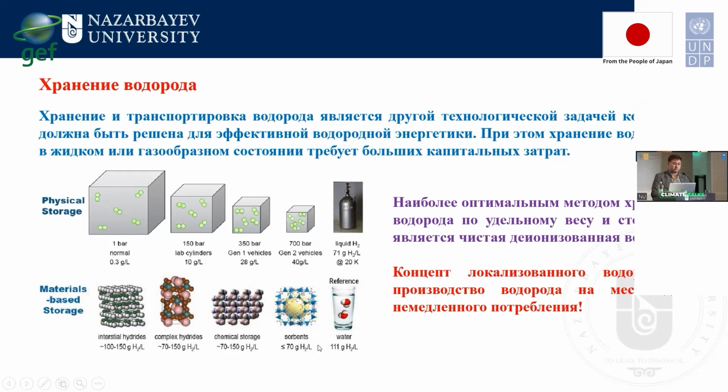So the most optimum storage approach, according to the weighted potential, is localized hydrogen production on site and for immediate use.